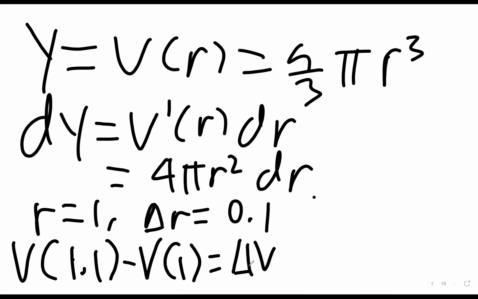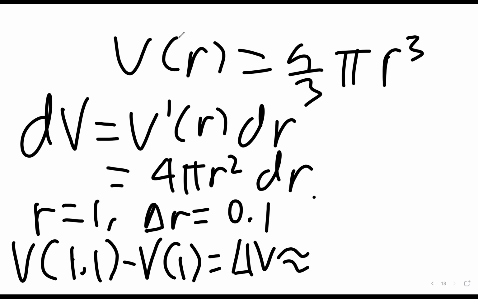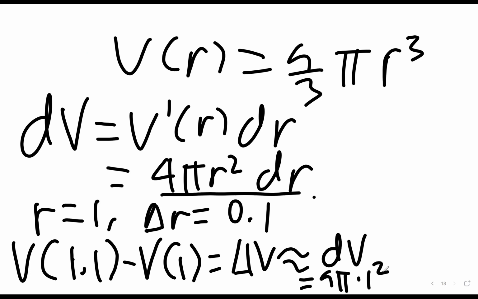Probably the notation is not consistent here. Delta V is approximated by dV, and dV itself should be calculated by this formula. So in this case, you have 4 pi times 1 squared, and then dr equals delta r, which is 0.1. So you have 4 pi divided by 10, which is 2 pi over 5.